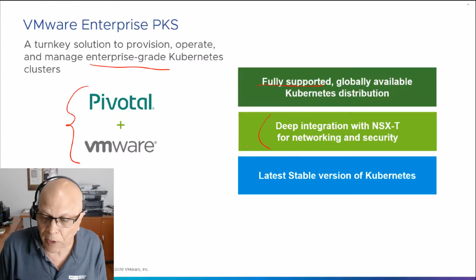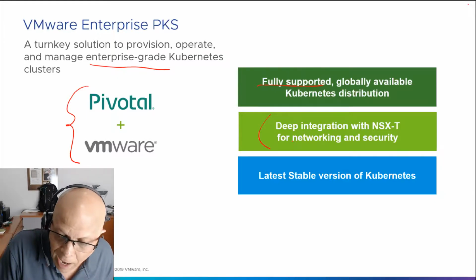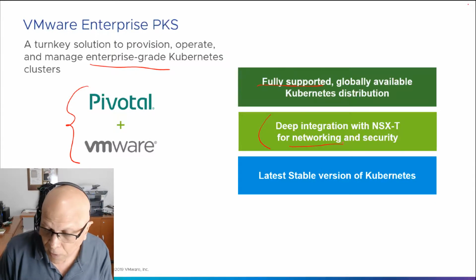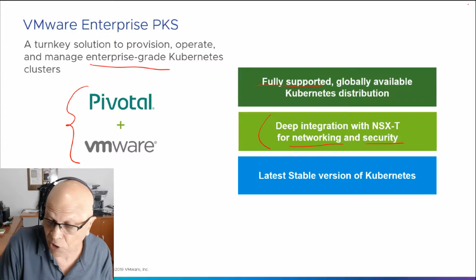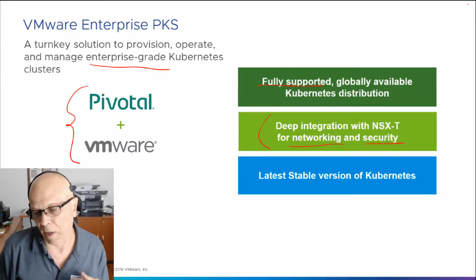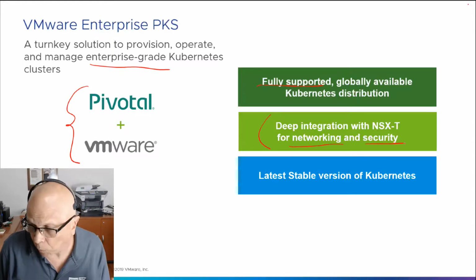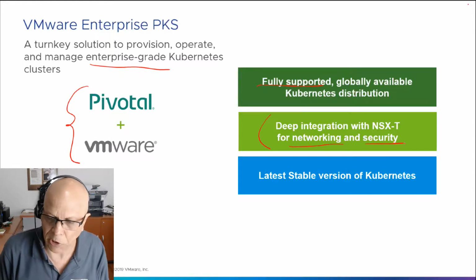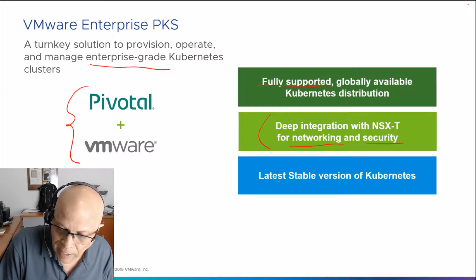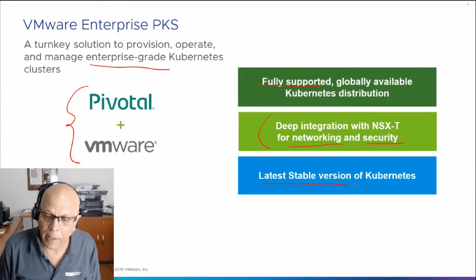Specifically, with NSX-T we're looking first of all at how we're going to network all of those containers together and how we're going to provide security for all those containers. Obviously we don't want to be running containers without having some control over firewalling and what services we're allowing to be exposed. You also get the latest version of Kubernetes, and we'll talk some more about that.